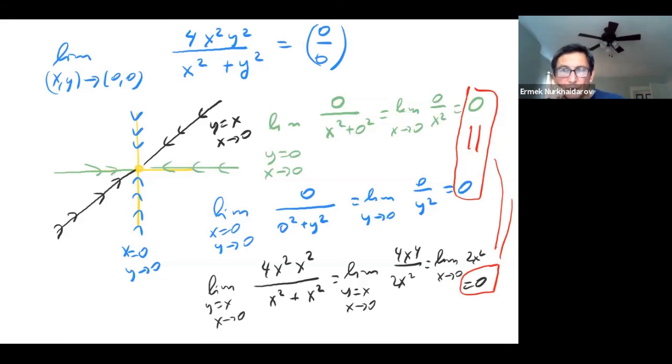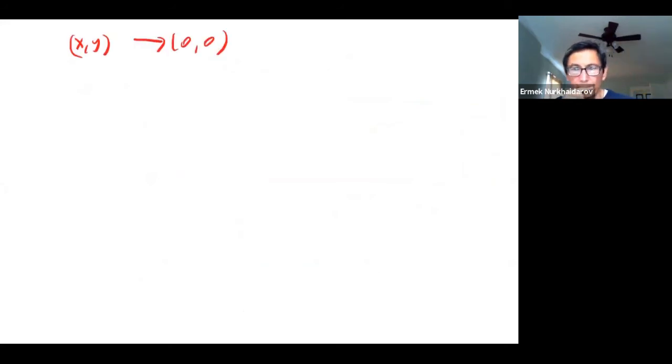And let's see how we're going to proceed in this way to show that it actually equals 0. So that's kind of a little bit tricky. Let me point out how we'll address this situation. (x, y), we wanted to approach (0, 0). So what we do is we switch to polar.